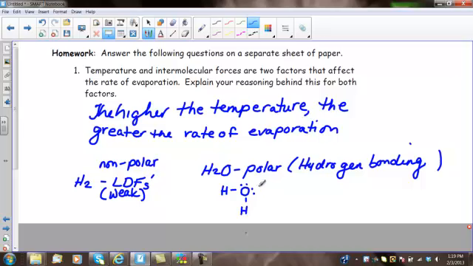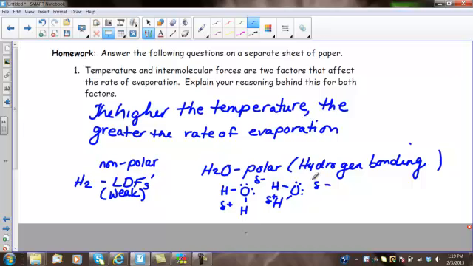So, if we look at a water molecule, we know that the oxygen side is slightly negative due to the higher electronegativity, leaving the hydrogen side slightly positive. If I bring in another water molecule here, we know that there's going to be an attraction between the opposite charges here.